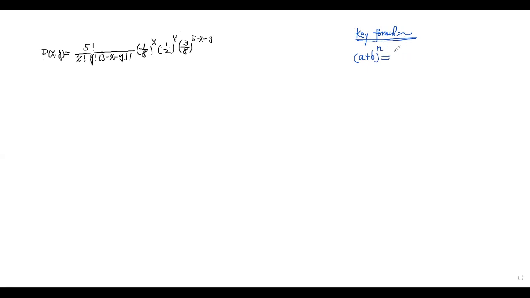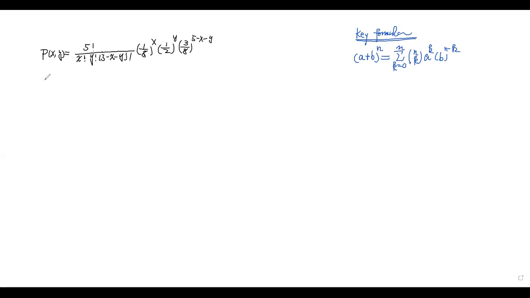We know you can write it as the sum from k equal to 0 to n of n choose k, times a to the k, times b to the n minus k. Remember, this is the key formula we want to use.